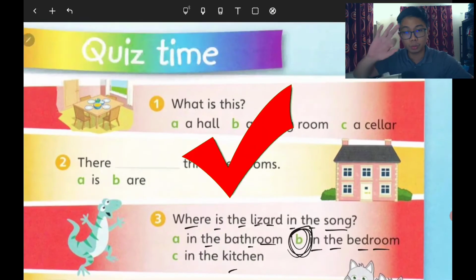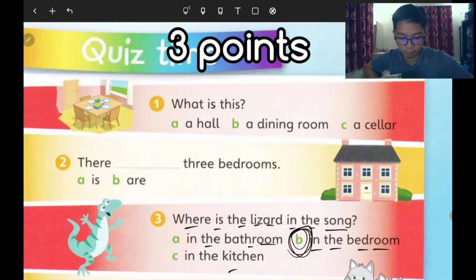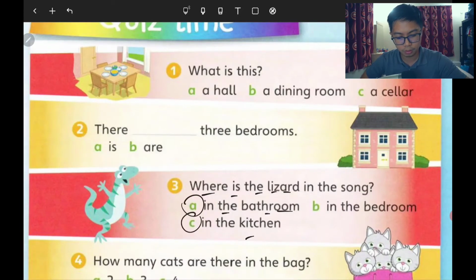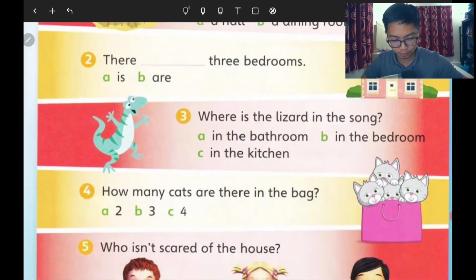So you will have 3 points if you are correct from number 1 until number 3. But if you answer A or C, then I'm sorry, you got the wrong answer. So you don't have any point for this question.